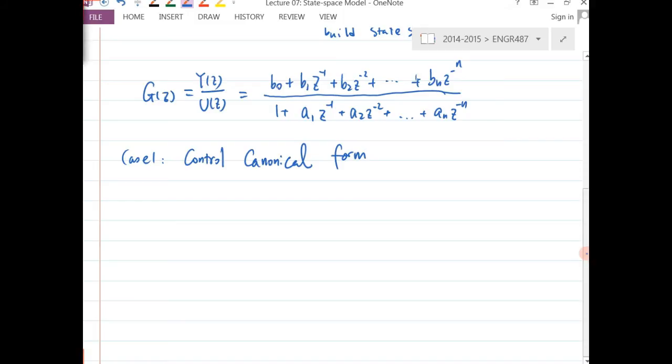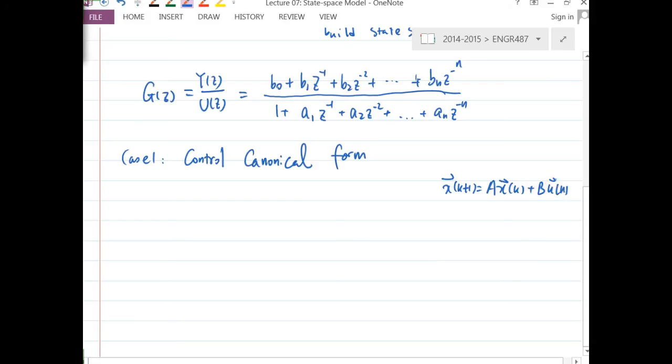There are different formats. If you remember the state space model, you have x of k plus 1 equals A x of k plus B u of k.